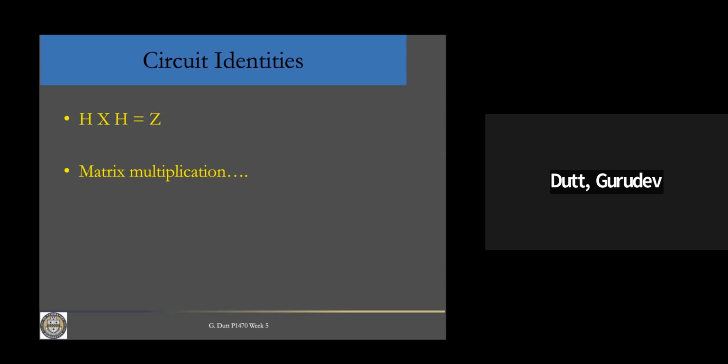Okay, now we can do circuit identities. Just going back to the question you were asking, Richie: if I write down some string of gates, can they be shown to be equivalent to some other gate?